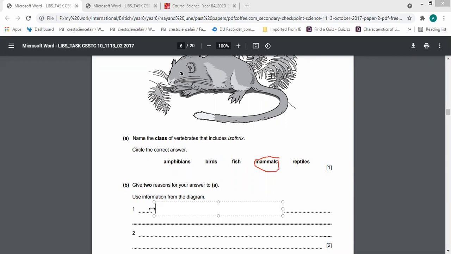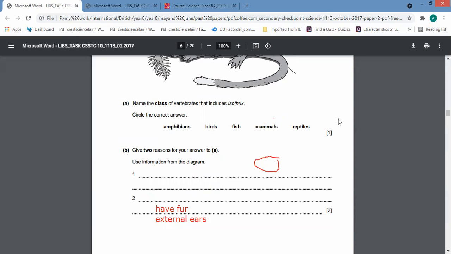The first one, that it has whiskers, and its body is covered with fur. Yes. What about the ears? Small furry ears. External ears. Okay. You got it? Yes.